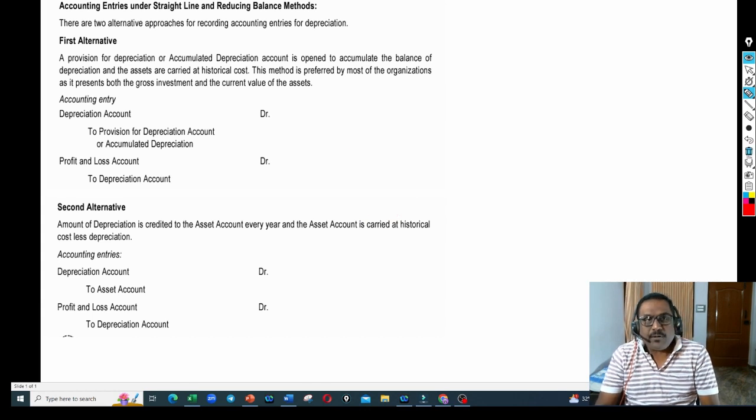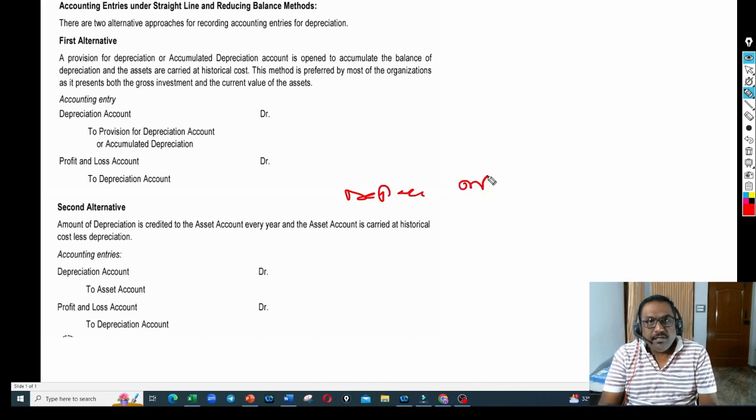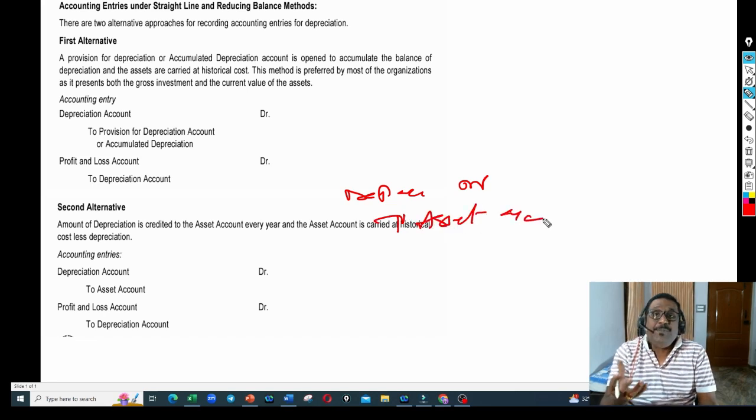The other way of accounting depreciation is we debit the depreciation account because it is a loss. To the extent of depreciation, we credit the asset. Previously, we credited accumulated depreciation. Now we are crediting the asset account. Here, the impact of depreciation is straight away given to the asset account.